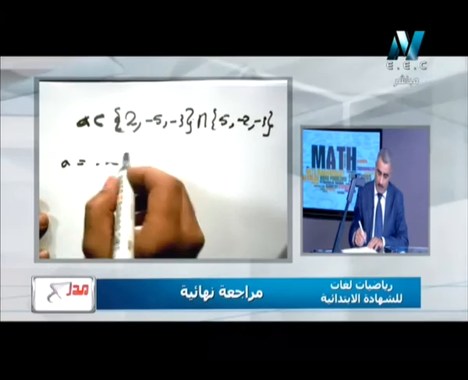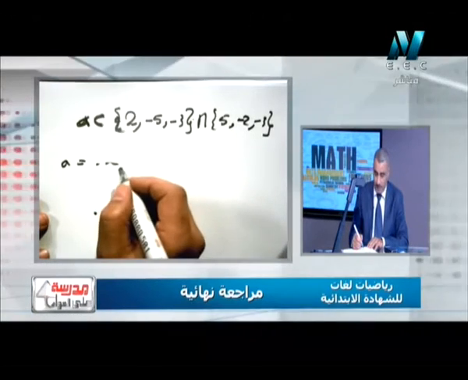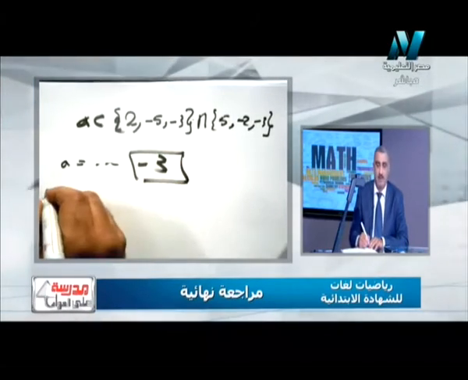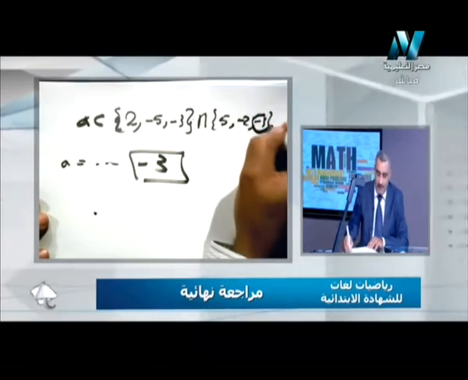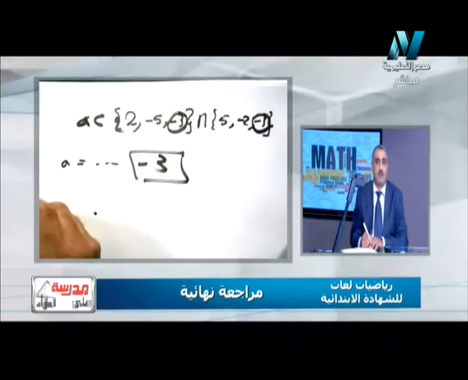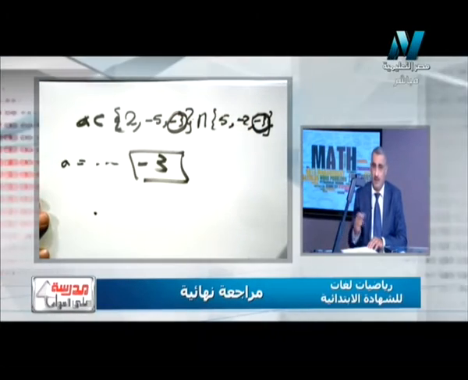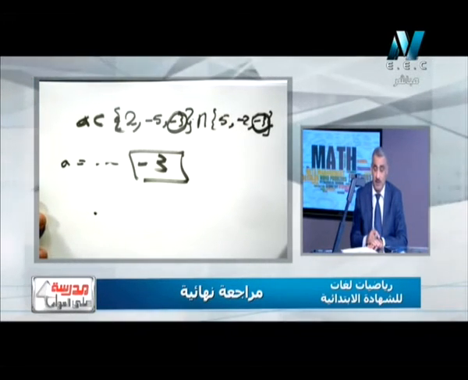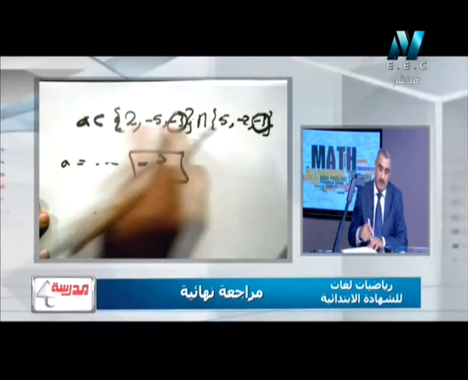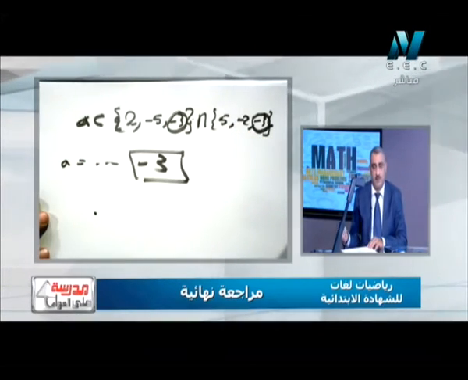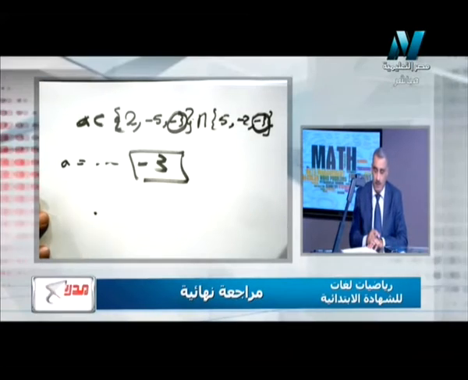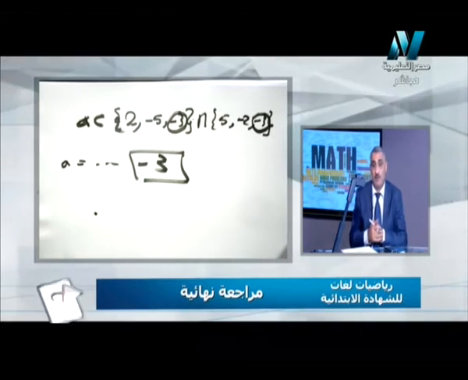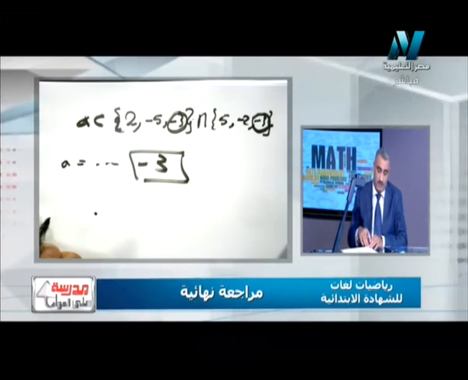A is a subset of the set of negative 3, so A equals negative 3. Why? Because negative 3 is the only one repeated between the two sets, and that is the meaning of intersection: the common element between the two sets. So we can deduce easily A equals negative 3.